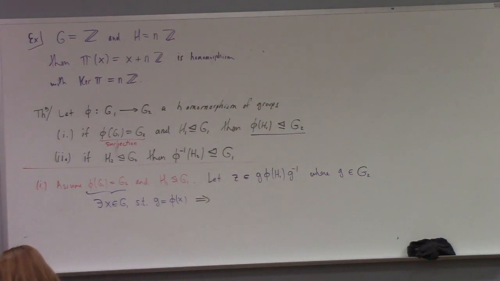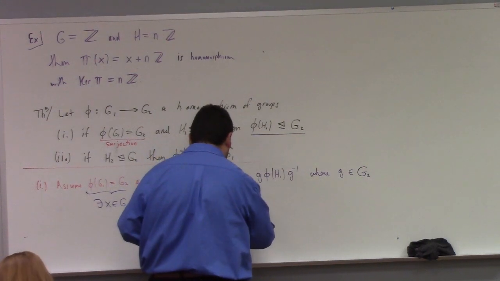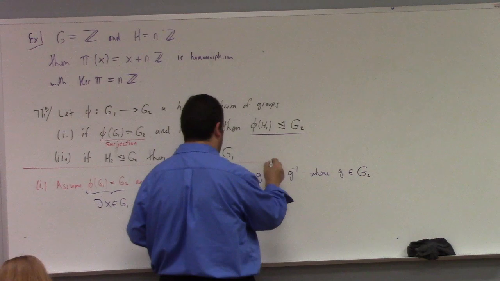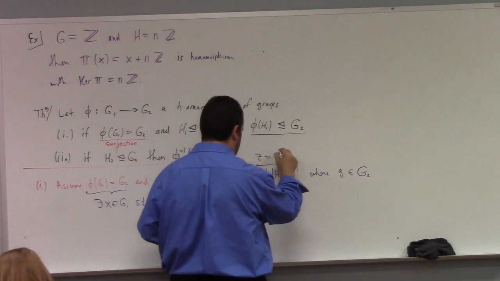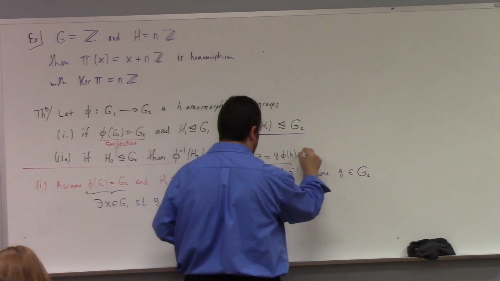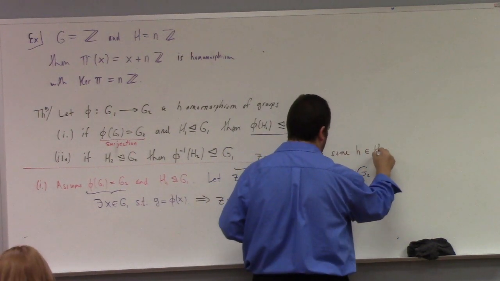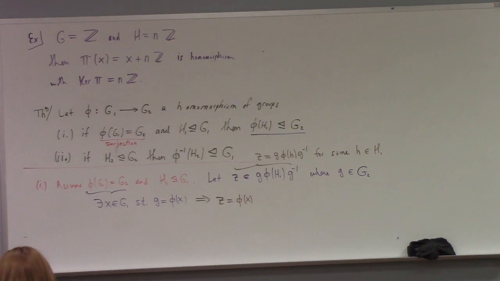So g is φ(x), right? So we now have z is equal to, oh, I'm sorry, I've forgotten another point. This says that z is equal to gφ(h)g⁻¹ for some h in H1, yeah? That's what it means for z to be in that set, gφ(H1)g⁻¹.